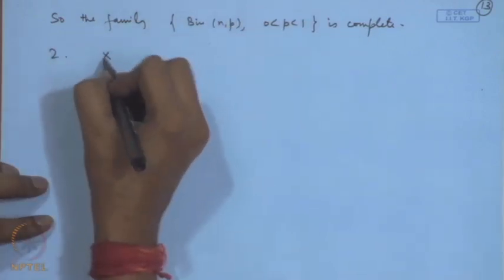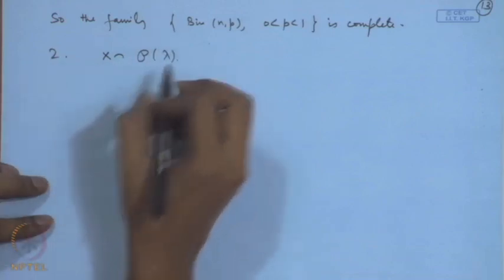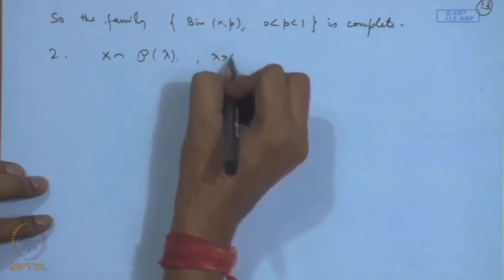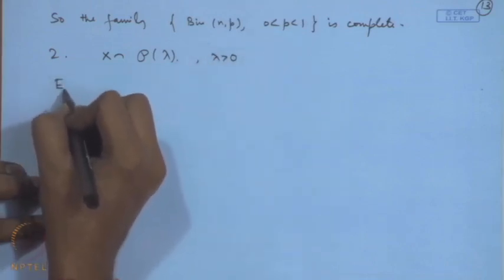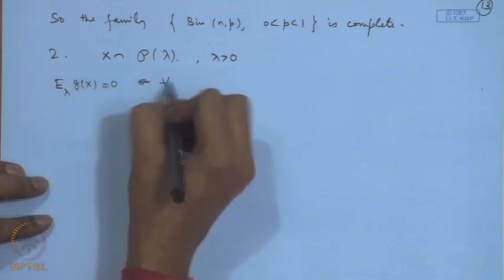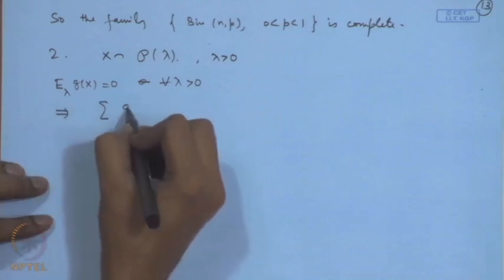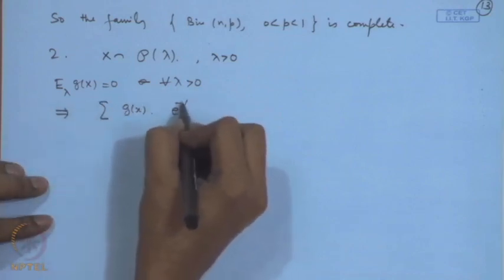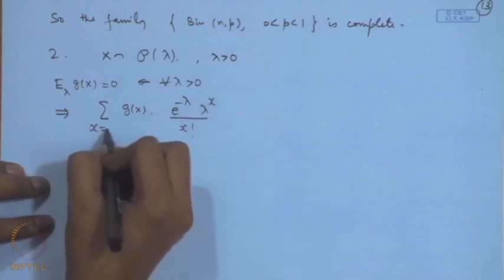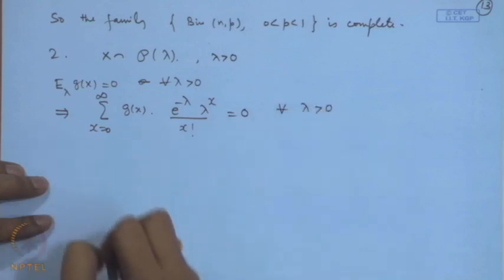Let us take another example, say X follows Poisson(lambda). Then lambda is a positive parameter here. Let us write down the statement expectation of g(X) is equal to 0 for all lambda. Now, this is equivalent to the sum of g(x) e^(-lambda) lambda^x / x!, x equal to 0 to infinity, that is 0 for all lambda greater than 0.